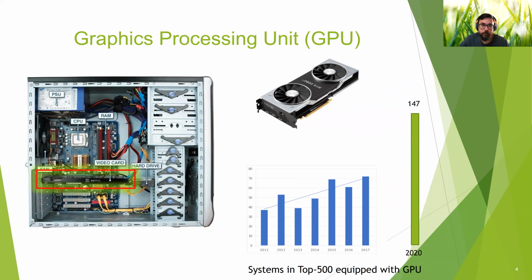GPU is a graphics processing unit. It is a rectangular device just below the CPU. Its main purpose basically is to generate the video signal and send it to your monitor.